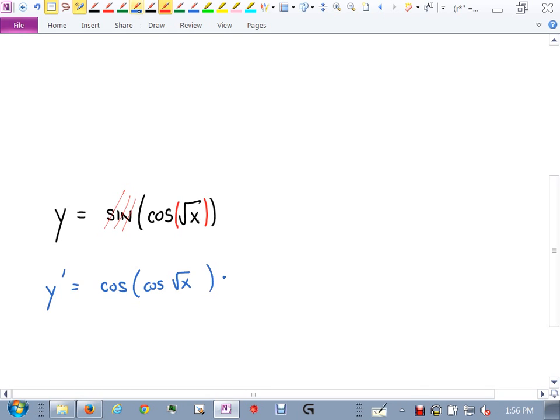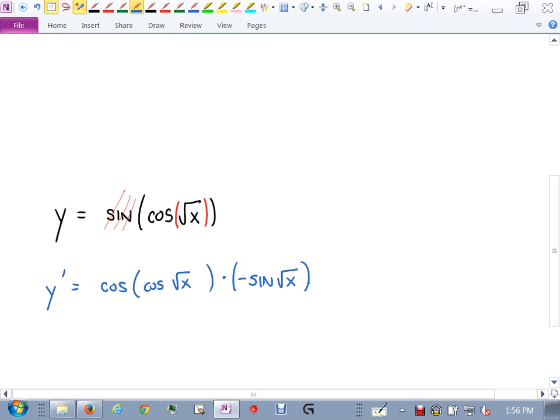Negative sine of my hand. Because there's a negative, I'm going to put that in parentheses. What was my hand covering up? Square root of x. You understand why I put the negative in parentheses? Just so you wouldn't accidentally think that was subtraction. That's multiplying a negative instead of subtracting.